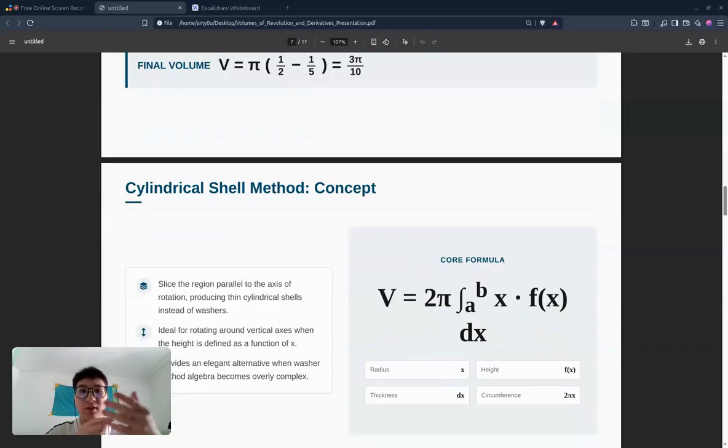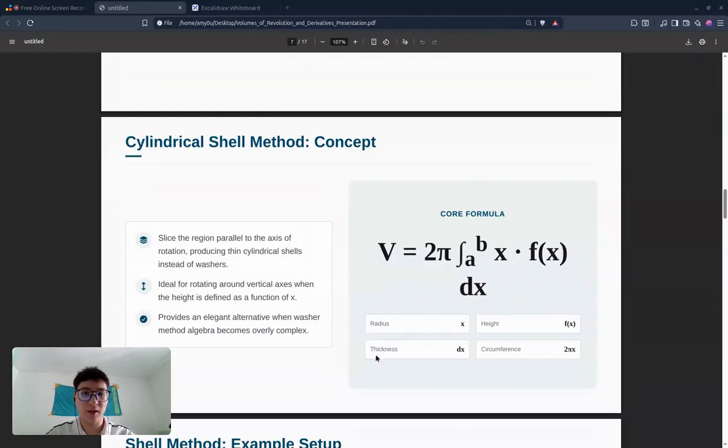Unroll one shell into a flat rectangle. Its length is the circle's circumference, 2 pi times the radius. Its height is f of x, and its thickness is a tiny dx. When we multiply all these three and add them up with an integral, we get our formula. You can see on this slide the formula of the shell method.